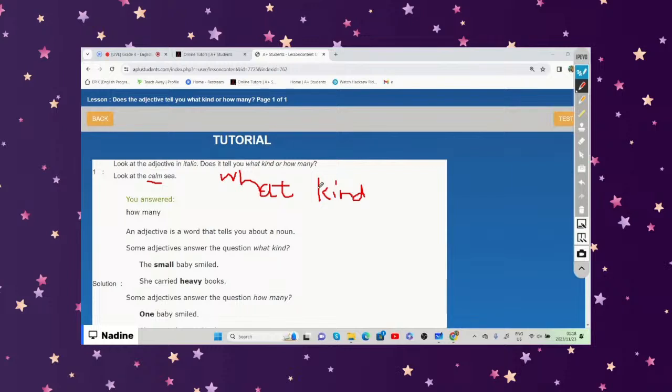So the calm sea, and they basically tell us what kind.